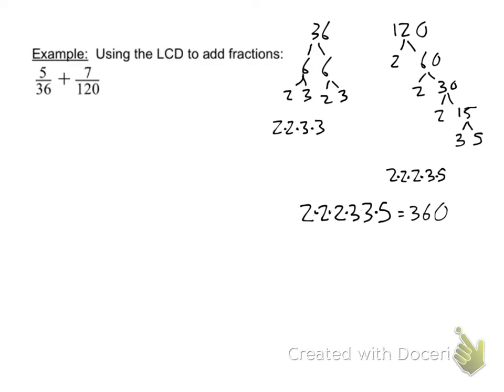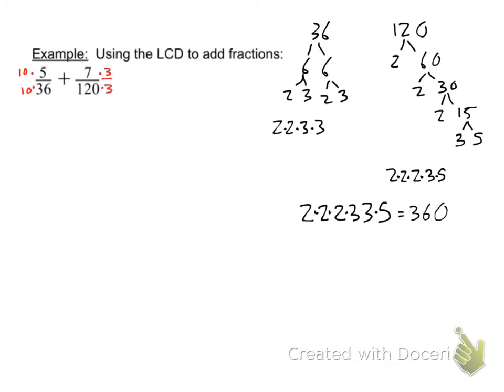Now, if I wanted to use that, how do I use that? So fine, we found the LCD. Now what's the goal? Make the denominators 360. How do I make 36 a 360? Multiply it by 10. And if I multiply the denominator by 10, I have to multiply the numerator by 10. Going over to 120, what do I have to multiply that one by? 3.